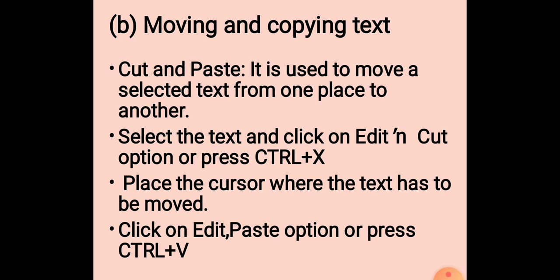The other format of editing is moving and copying text in a document. Moving means it will not have a duplicate copy; the original text is taken over to some other position.